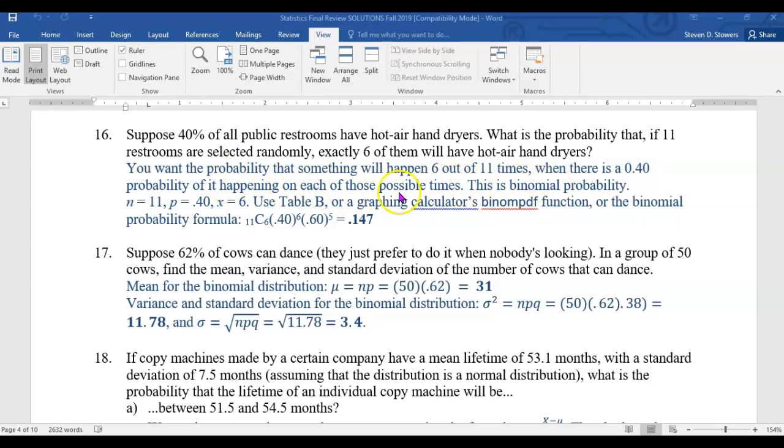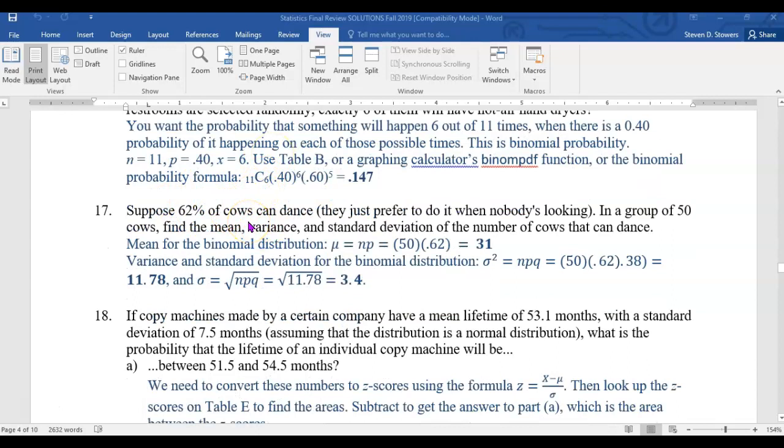This is binomial probability, and you can find that either by using table B from the back of the book, or if you have a graphing calculator, you can use the binomPDF function, or you can use the binomial probability formula. However you do it, it should come out to be 0.147.